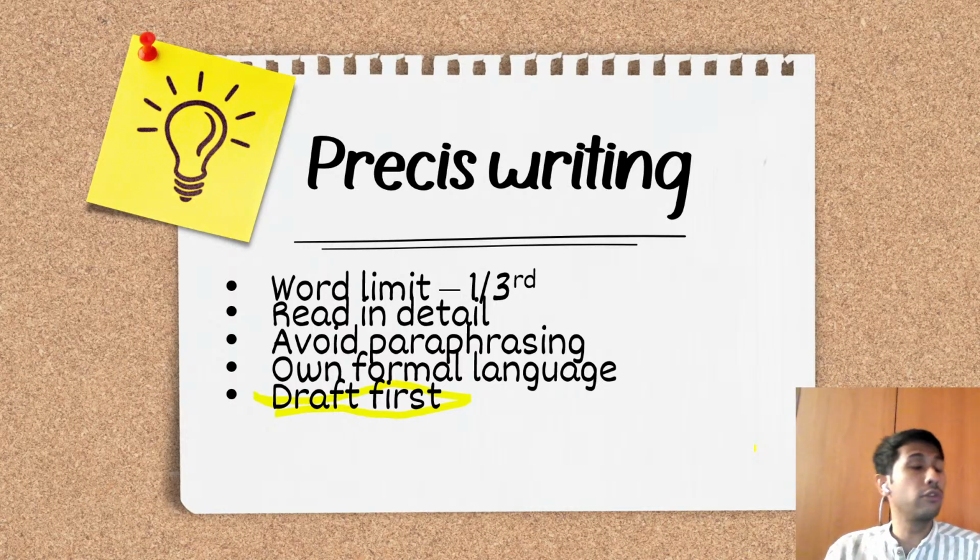Always use the full forms. With respect to, not WRT. Article, not ART. Under article 19, if you have to write it, not U bar A, write the full "under article". Okay, clear with respect to Precis?